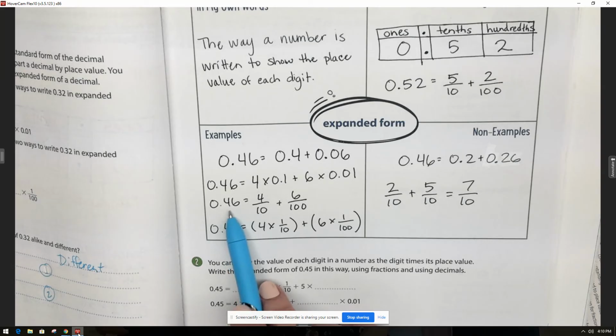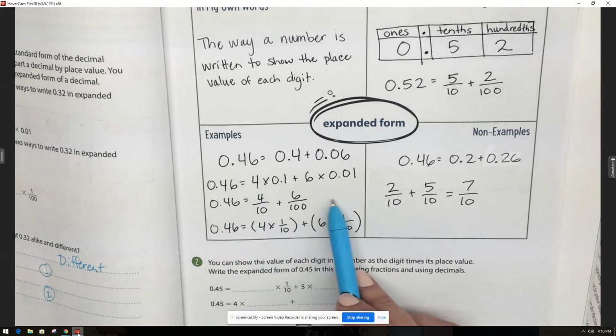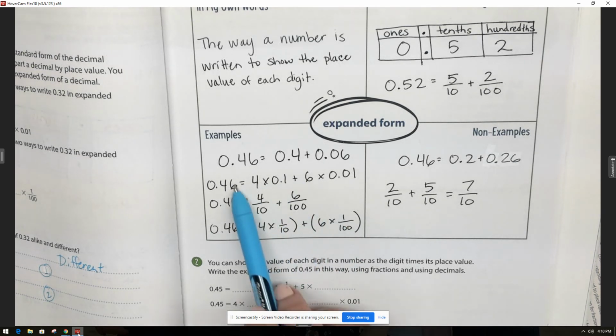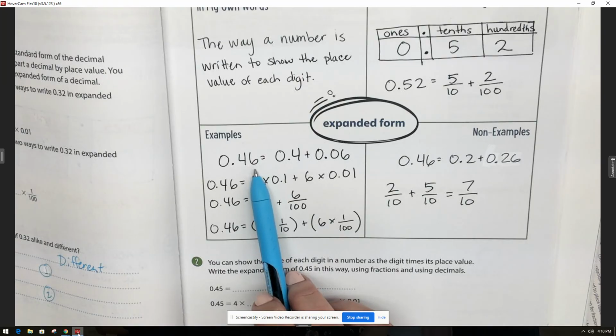In fraction form, we could say 46/100ths is the same as 4/10ths and 6/100ths. Or we could say it's the same as 4 times 1/10, because that would be 4/10ths, plus 6 times 1/100th, because that would be 6/100ths. Those are all ways to write 46/100ths in expanded form.